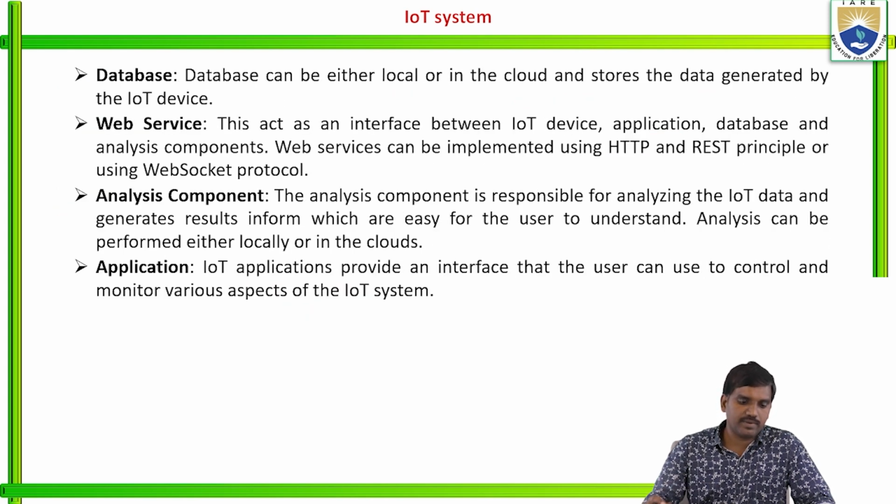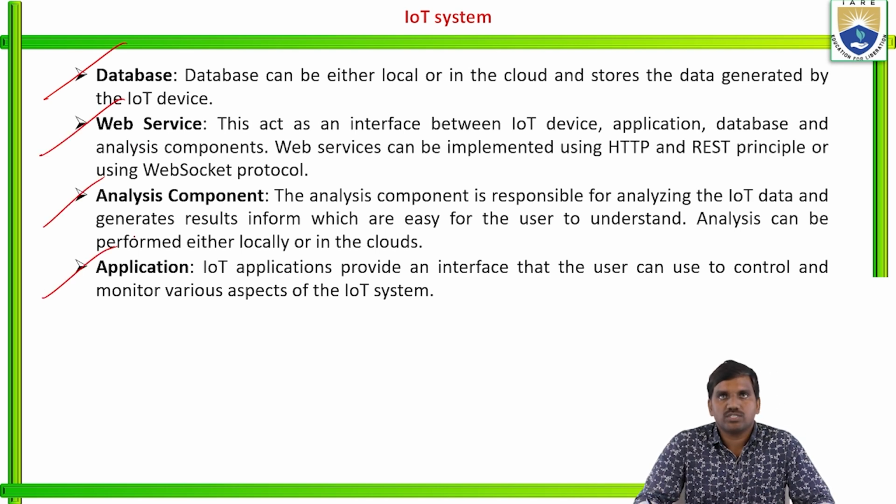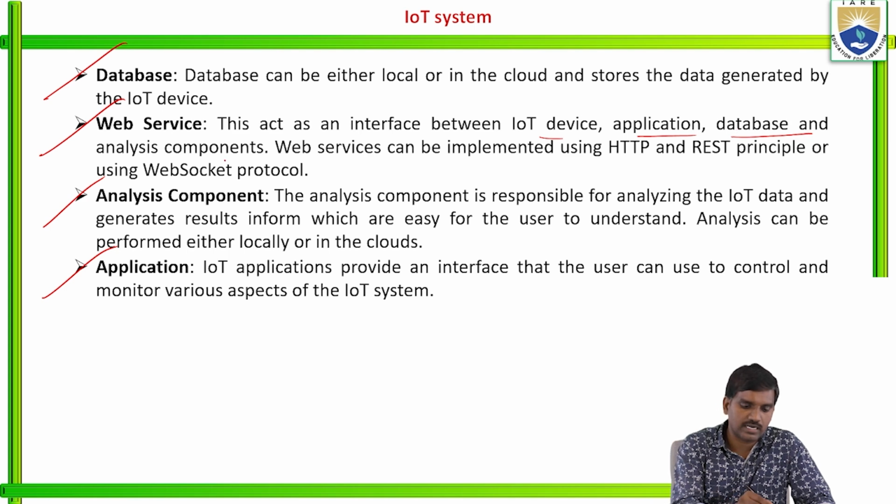And then we have the database, web services, analysis component, and applications. The database can be either local or in the cloud, and stores the data generated by the IoT device. Web services act as an interface between the IoT device, application, database, and analysis component.